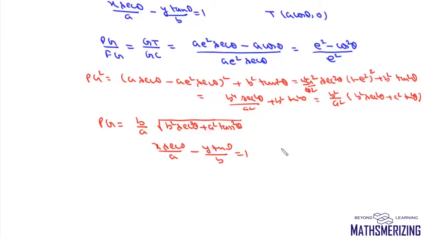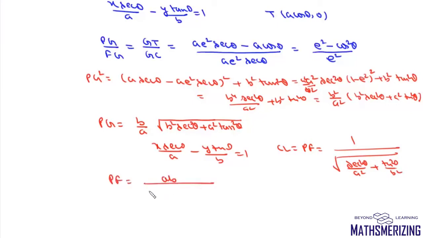If we find the perpendicular distance from the center, we'll get CL, which is equal to PF, and it will be given by 1 upon under root of secant square theta upon A square plus tan square theta upon B square. So from here we'll write PF as A B upon under root of B square secant square theta plus A square tan square theta.